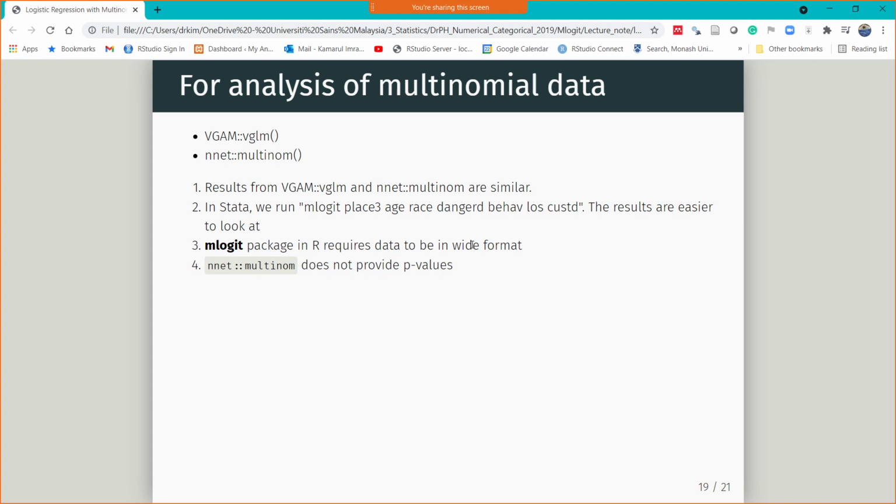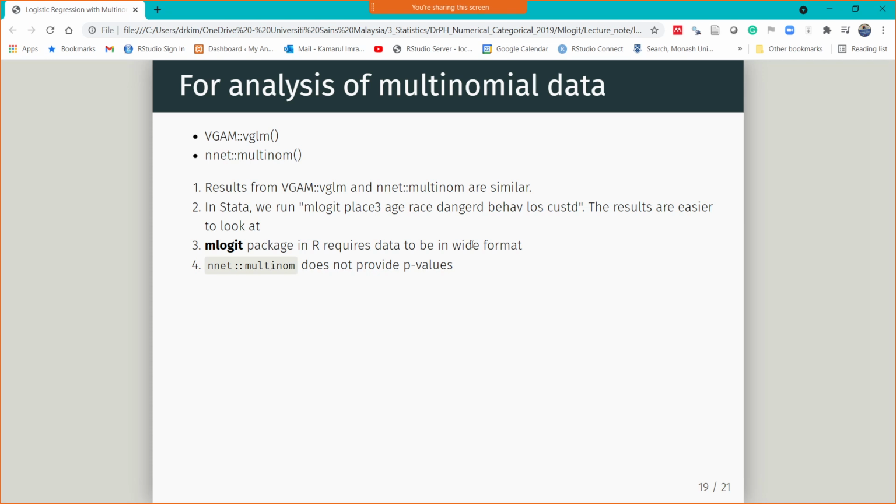And I think maybe the most useful, this is where last time I checked, this was last year. So I'm not sure whether there are newer packages that can do multinomial data. So package VGAM, and the function is vglm.